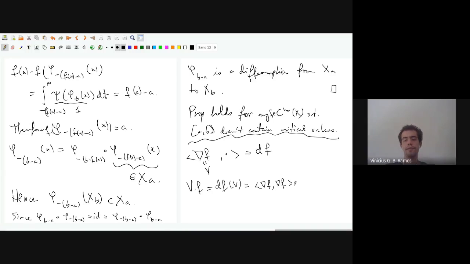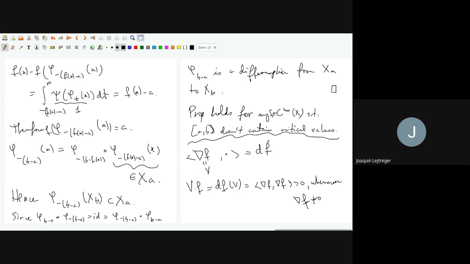Because the Riemannian metric is positive definite, this is positive whenever it's not 0. And you know the gradient is 0 exactly at the critical points of f. Okay. So it always exists because of that.